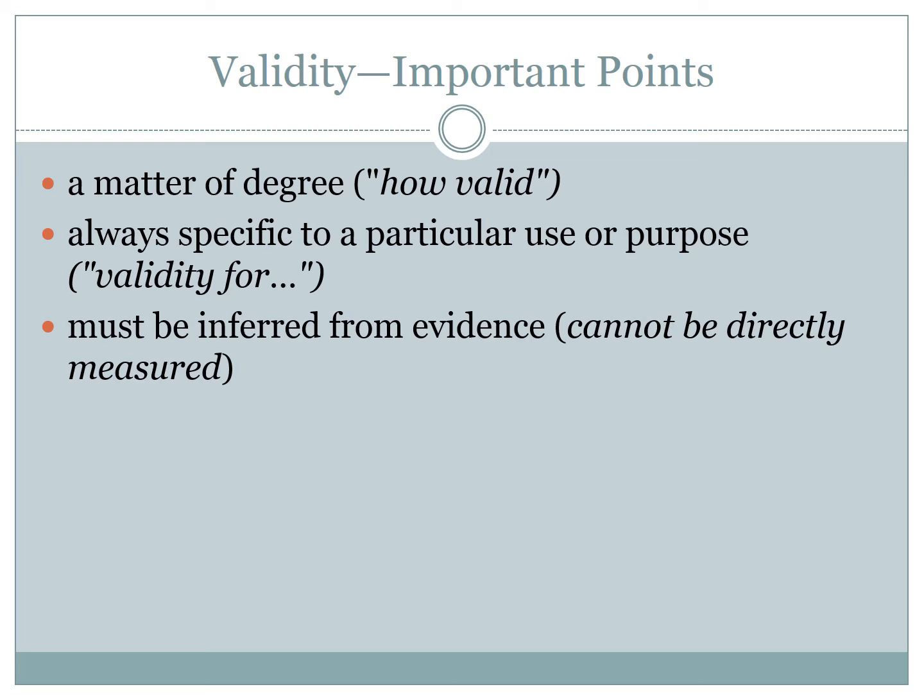So we have to think about the error that's in testing and use other types of evidence that we're going to be talking about in just a minute to infer that our test is valid, or the use of our test is valid for a particular topic.